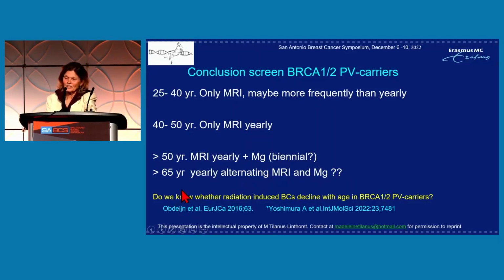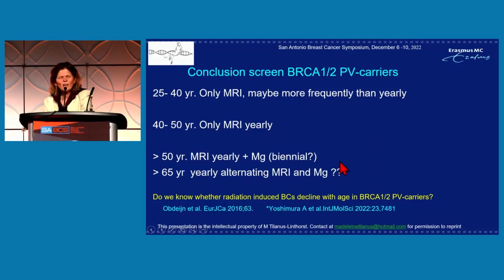And above 65 years, when also in the BRCA mutation carriers growth rate on average slows down a bit, should we continue with yearly MRI, or might we maybe alternate MRI one year and mammography the other, but there are no studies yet with those results.